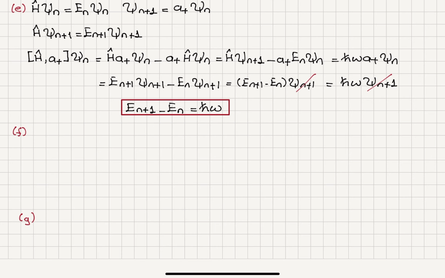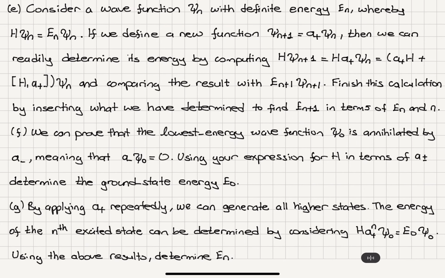Let's move on to part F. We can prove that the lowest energy wave function psi0 is annihilated by A minus, meaning that A minus applied to psi0 is 0. Using your expression for the Hamiltonian in terms of A plus and minus, determine the ground state energy E0.